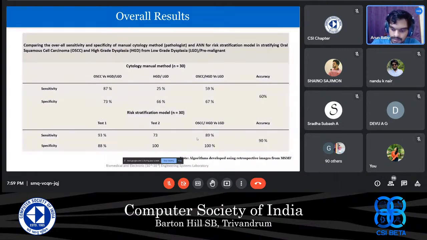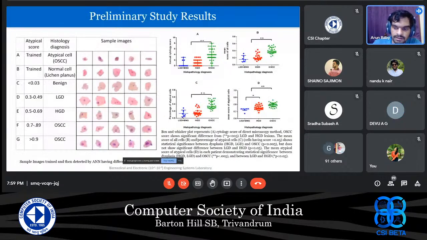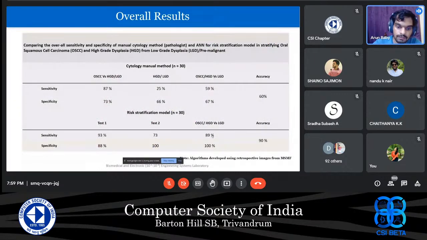This is what we have done, and right now work is being done on improving the cell segmentation and improving the sensitivity further.